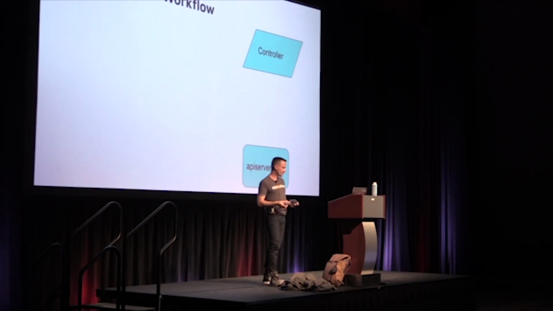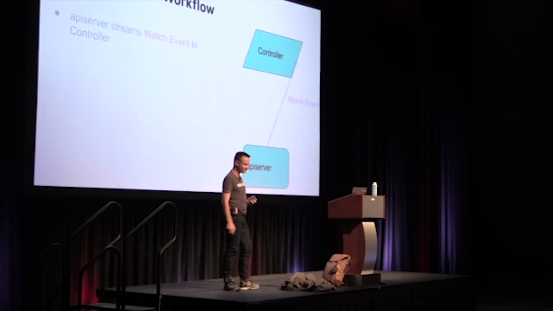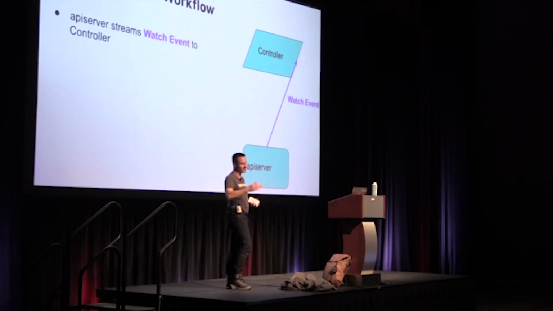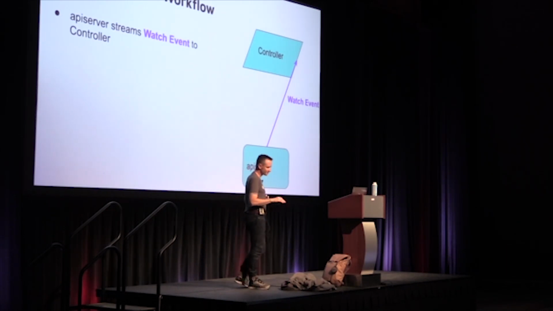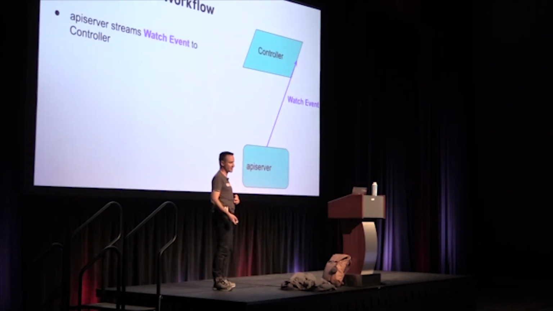Okay, so I'm going to do the controller workflow example here. So this is a workflow for some update coming into the API server. The API server will then send a watch event to the controller. So the controller said, give me events. API server says, OK, this event happened.